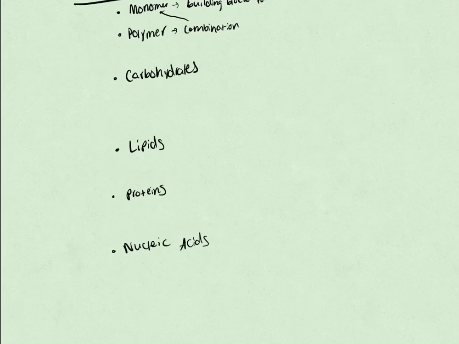So, what are carbohydrates? Carbohydrates are found in sugar, starch, bread, and rice. So these are some examples of carbohydrates. And the monomer, I'm just going to abbreviate it by MON-O so that it's easier. Monomer is the monosaccharide.